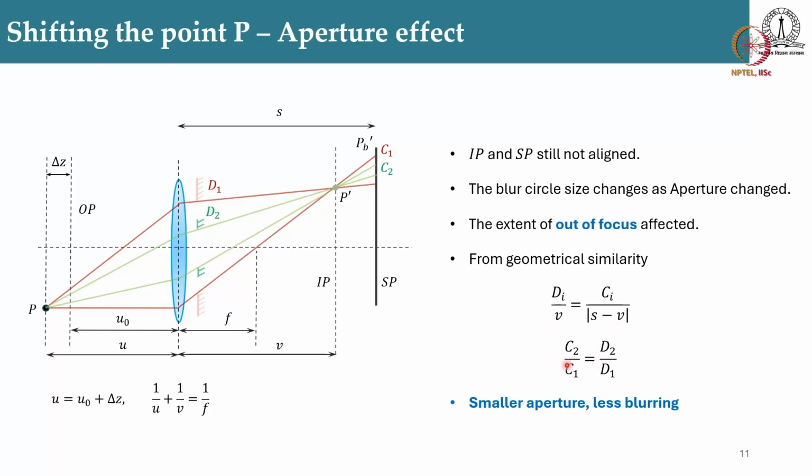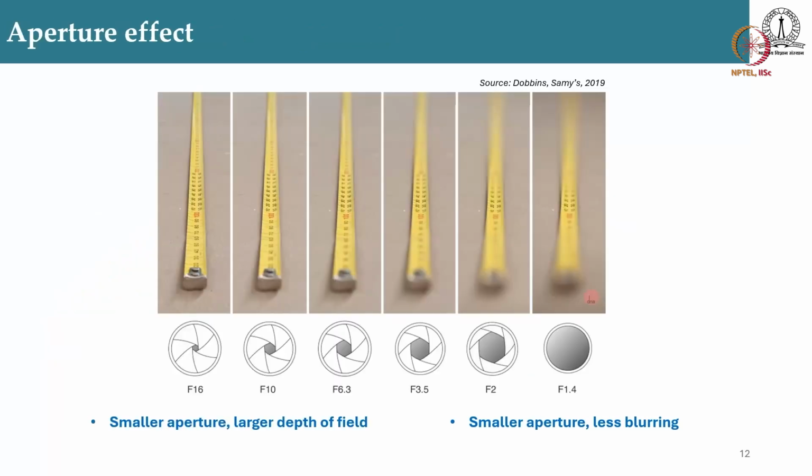This is also an important relation which is used in two-camera depth from defocus approaches, where you take two simultaneous images with different aperture opening sizes and things like that. So you need to know this relation, which is very important. This is the image depicting the depth of field that I was talking about in the earlier slide.